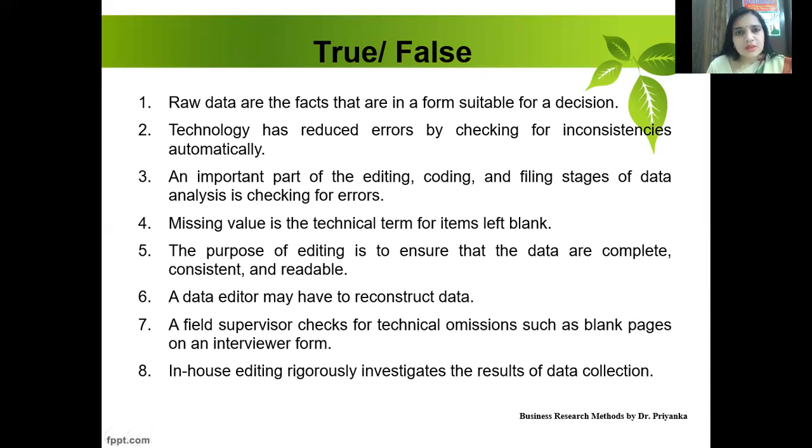Yes, he has to most of the time, when data is not handleable. So it is true. Seventh, a field supervisor checks for technical omissions such as blank pages on an interviewer form. Yes, he has to check it. So it is true. Eighth, in-house editing rigorously investigates the results of data collection. Yes, it rigorously investigates. So it is true.